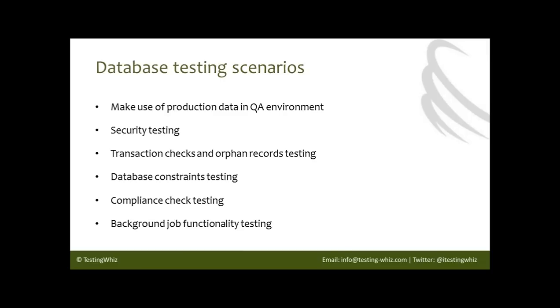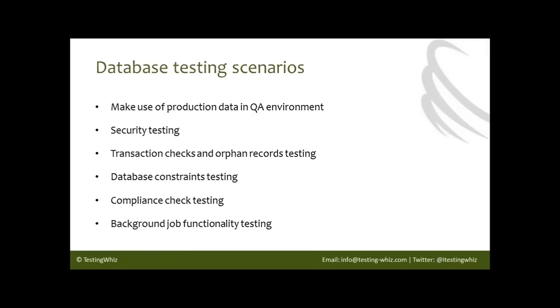For example, whatever data is there in the production environment has to be there in the QA environment, so that a bulk amount of data can be used in QA testing, and a balanced set of data available in the test environment can be utilized to simulate load testing.